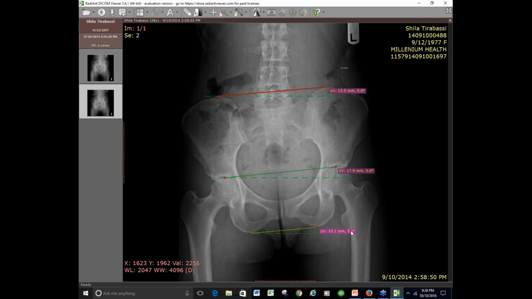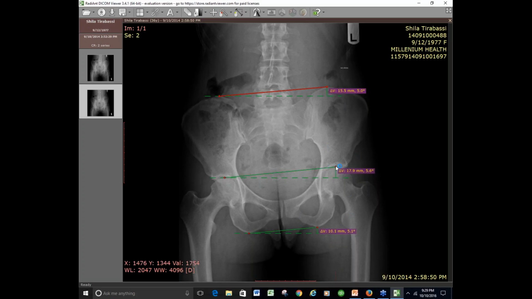So essentially the same. So what would have looked like a 5 millimeter hemipelvis on her is actually no hemipelvis. There is no structural hemipelvis on this person. That's why you have to look at the degrees, because those are actually almost identical.